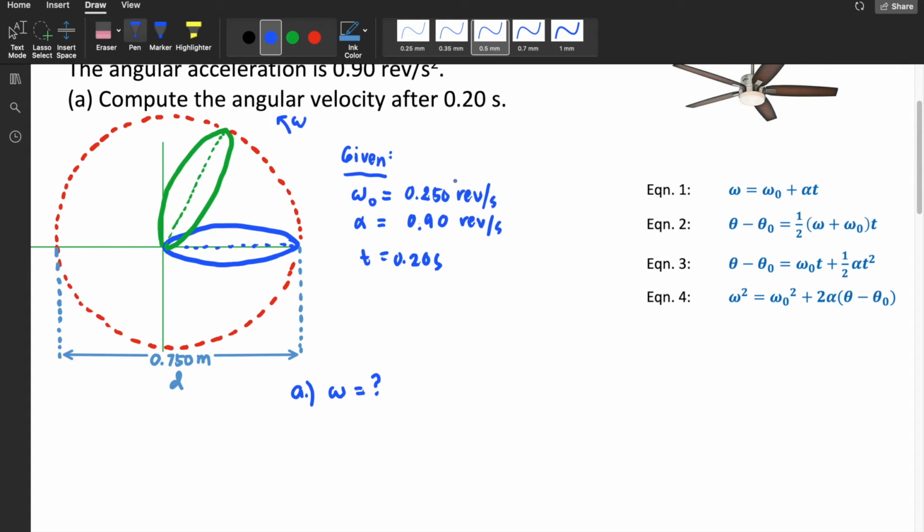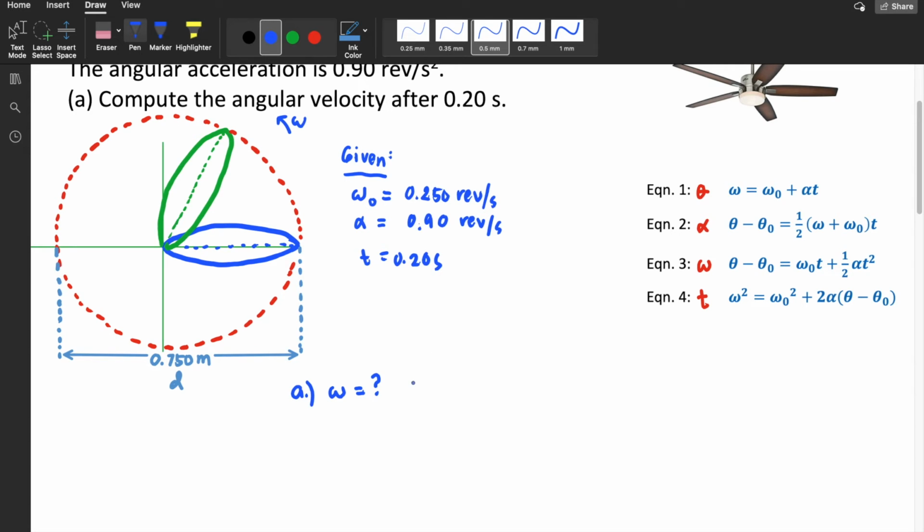If you notice, no theta or angular position was given. So of the equations, only the first will work. I forgot to remind you: equation 1 is the equation without angular position, equation 2 has no angular acceleration alpha, equation 3 has no final velocity, and equation 4 has no time. So let's go back.